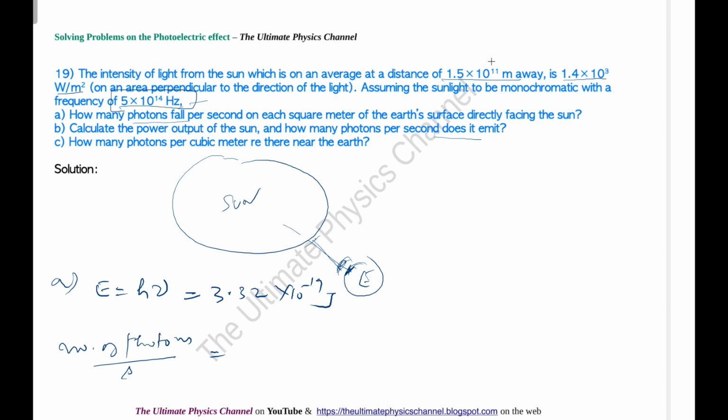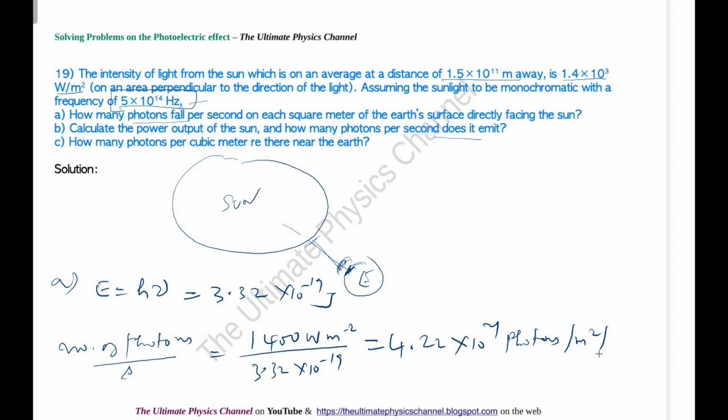So from the given 1.4 into 10 power 3, that is 1400 watts per meter squared, we can calculate this by dividing by this energy of the photon, and we can get the number there, and that would be 4.22 into 10 power 21 photons per meter squared per second.